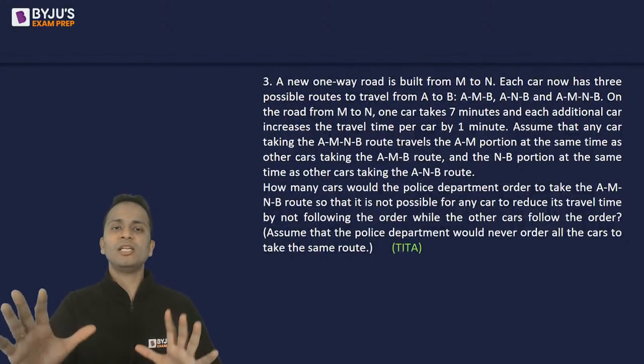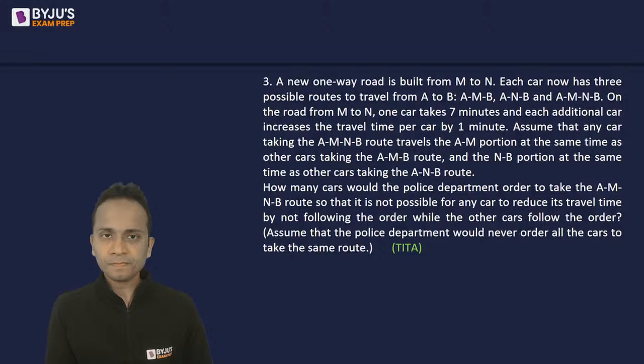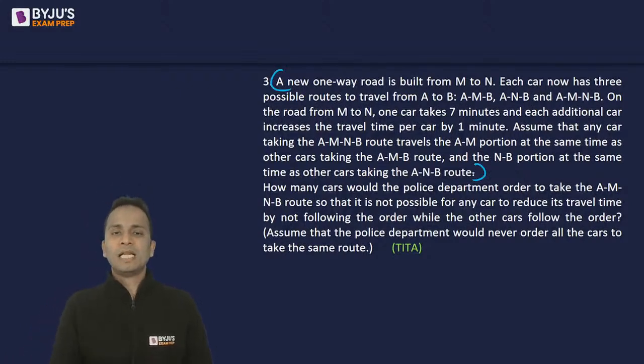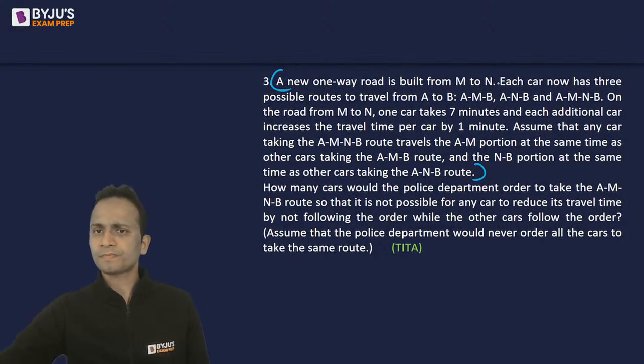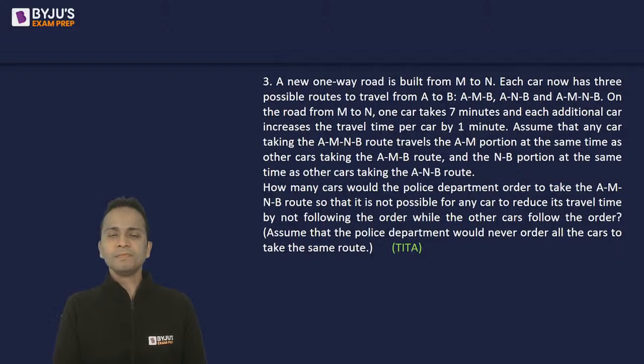So let's read question number 3. Now question number 3 says, there is some additional direction set, this one. A new one-way route is built from M to N. Each car now has 3 possible routes: AMB, ANB, the original 2 routes, and one new route that is opened, AMNB.